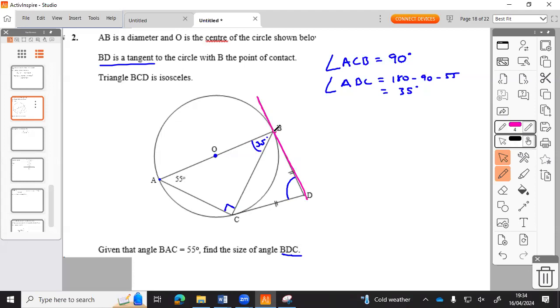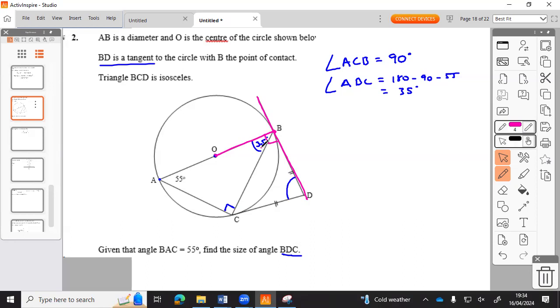A tangent is a straight line that hits the circle at one point on the outside. If I bring a line from the origin to the tangent, what I create is a 90 degree angle. So I've got another 90 degrees. But what I also have here is this 35.